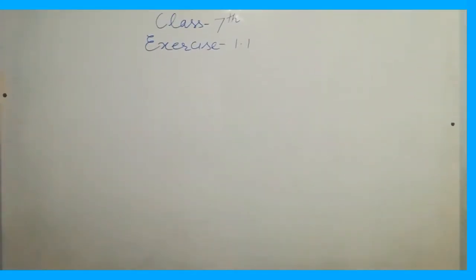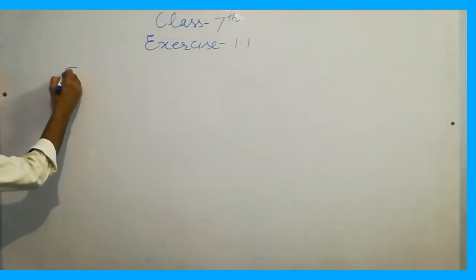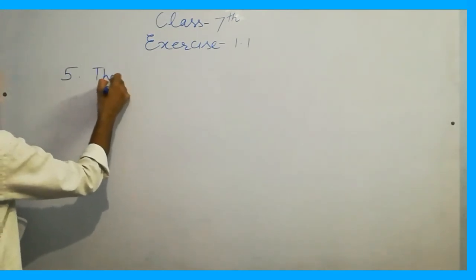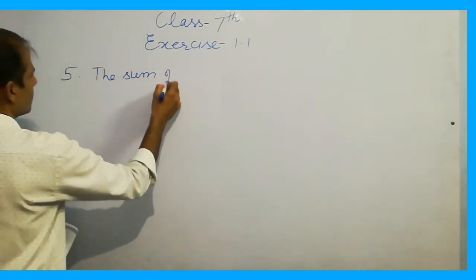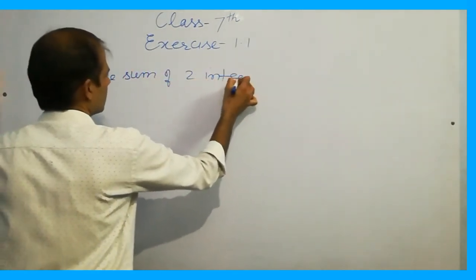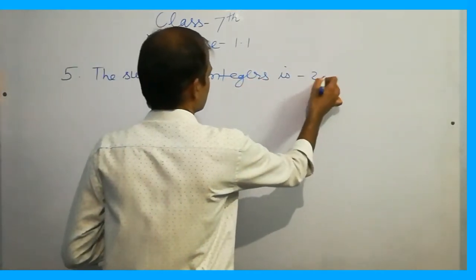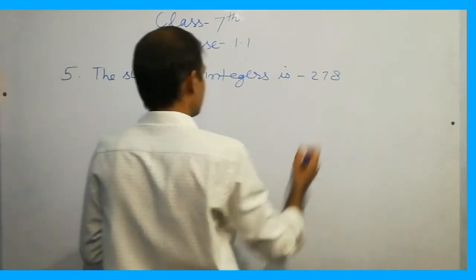Alright students, next question is 5. The sum of two integers is -278.